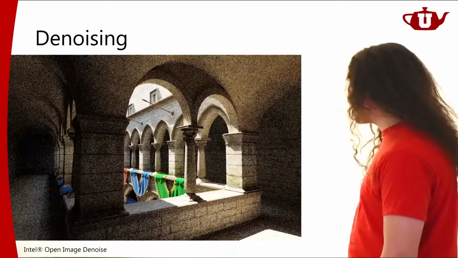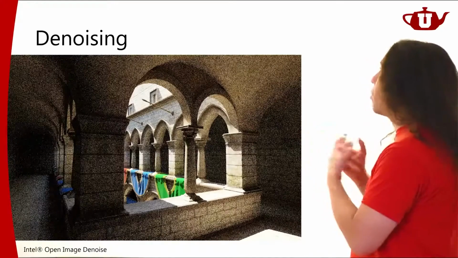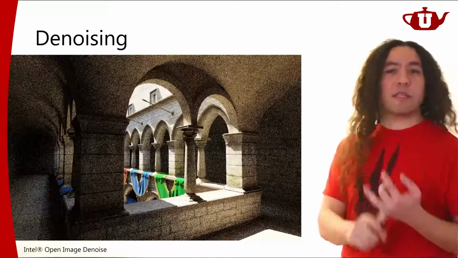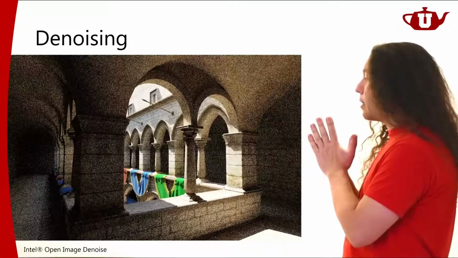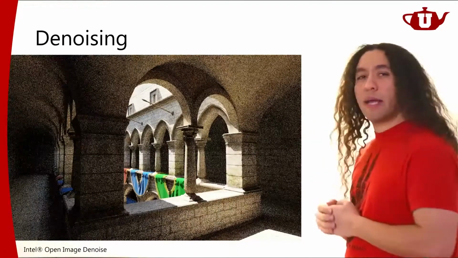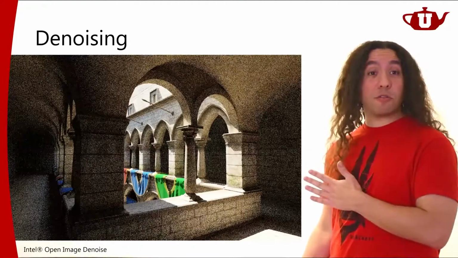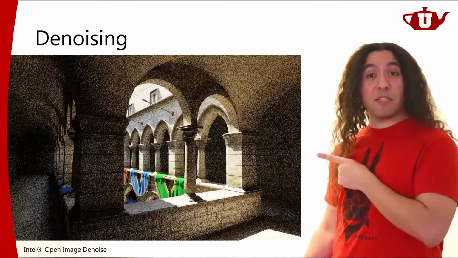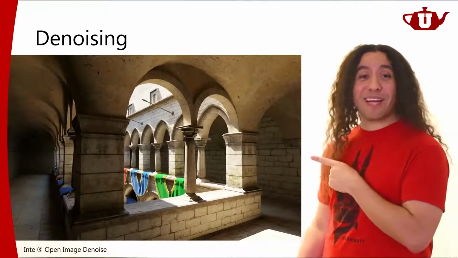So with some denoising algorithms that look at this image and also look at the components that form that image, like the indirect illumination, direct shadows, and all that stuff, by combining this and then filtering them in different ways, we can get rid of this noise. After we render this image, we can apply some denoising filter and get something that looks like this.